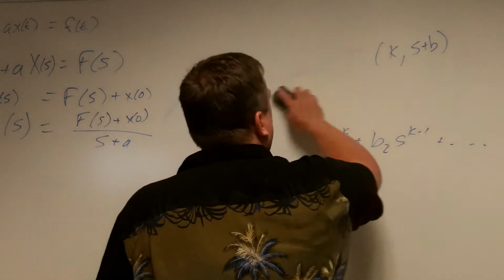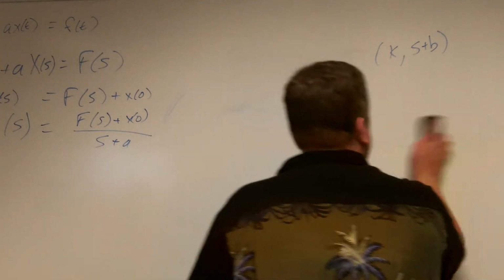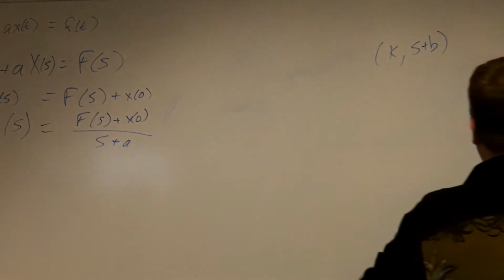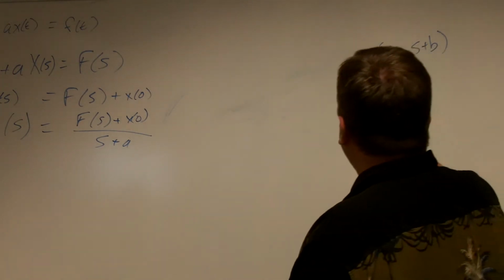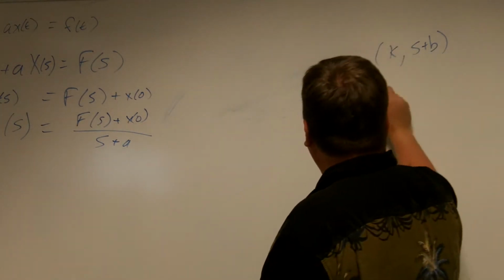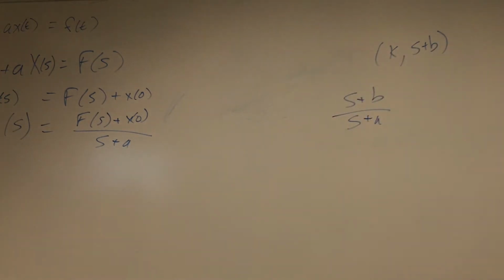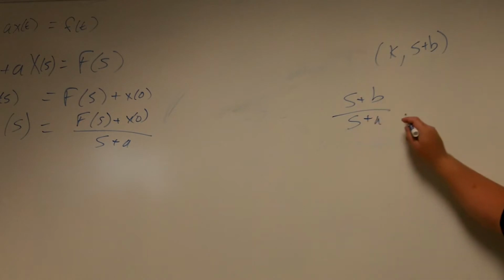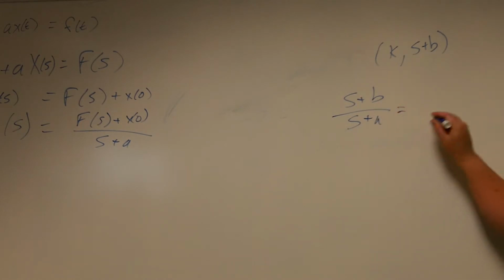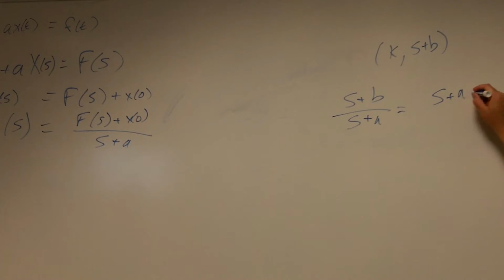So all of this reduces down if I can show that goes to that, with potentially funny-looking asymptotes coming off. All right. So let's assume I've got s plus b over s plus a. That's this case. Now, this right here I can consider as being equal to s plus a minus a plus b all over s plus a. Do we agree?